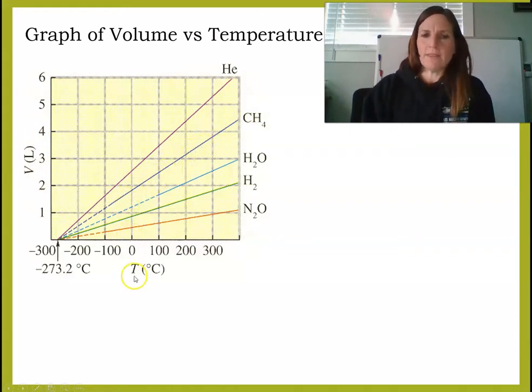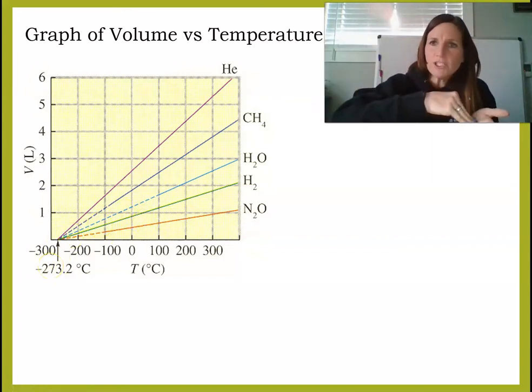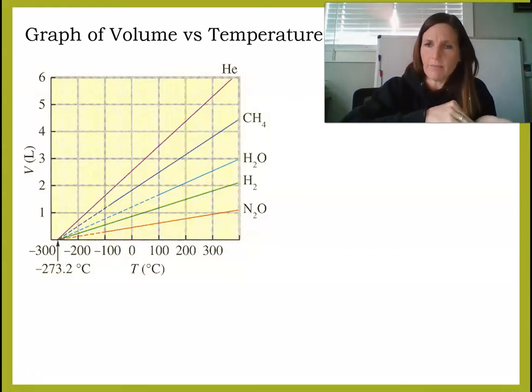But a really interesting thing happens. No matter what gas we look at, as the temperature cools, it has the exact same x-intercept. I'm sorry to use math words on you, but this x-intercept is where the line crashes into the axis.